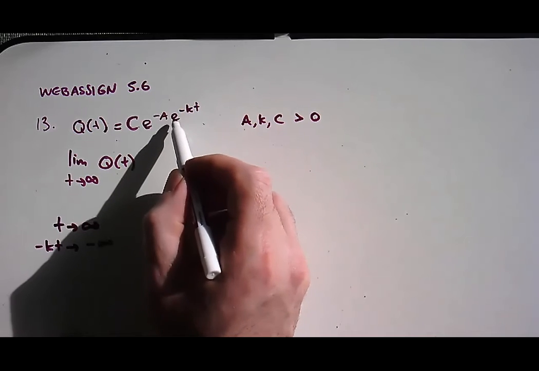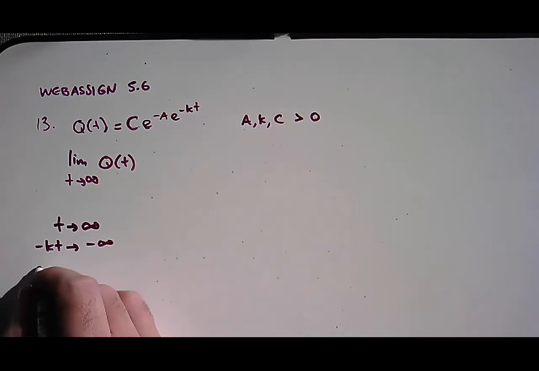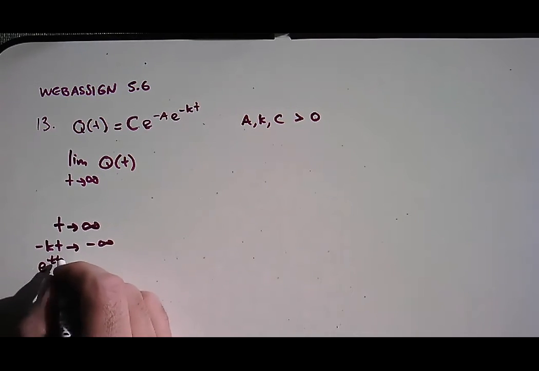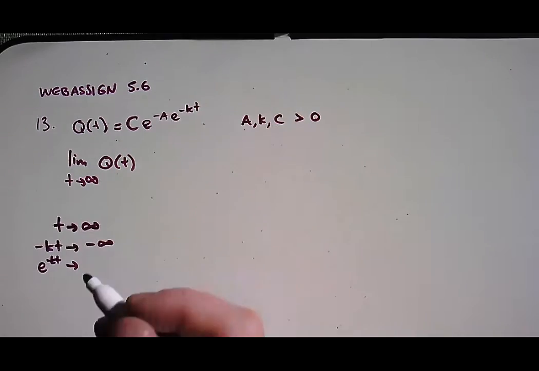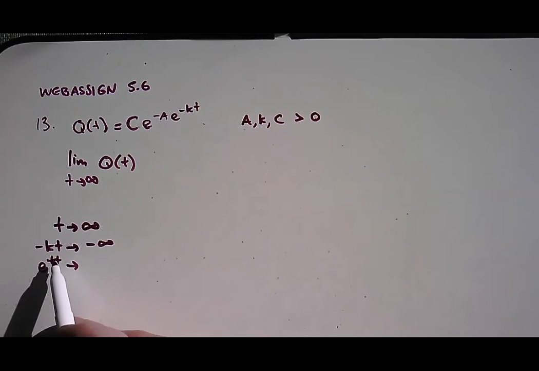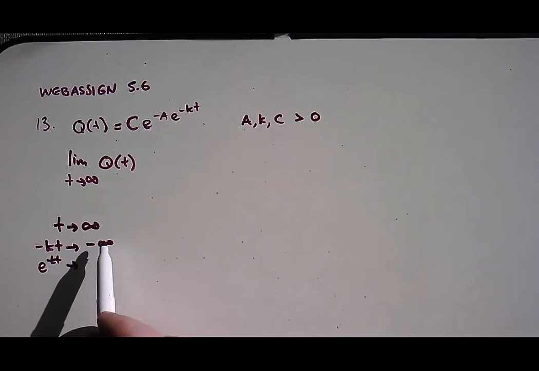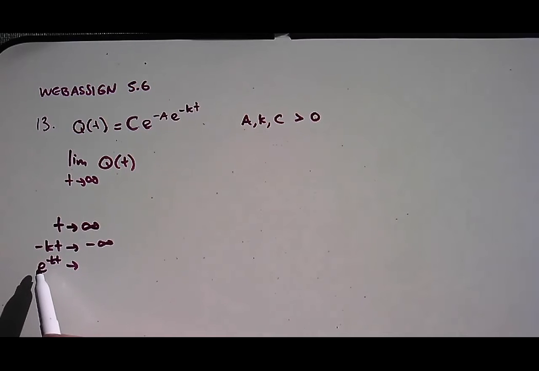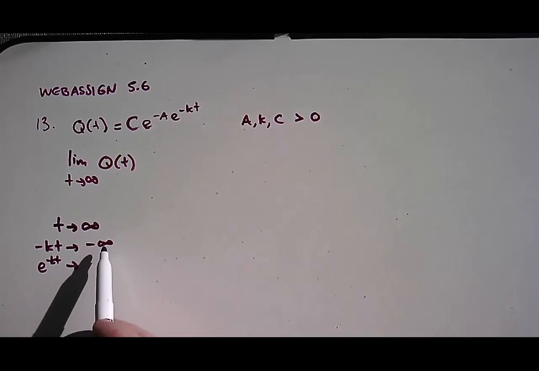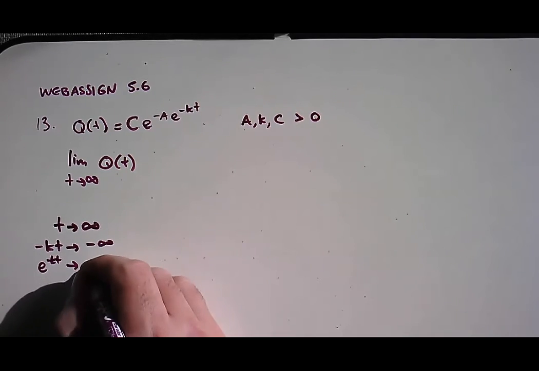Next, we'll go to e to the negative kt. I'm just building outward here from our variable t. So e to the negative kt, remember negative kt is headed to negative infinity. So what happens to e to some power as that power approaches negative infinity? Well, e to a power approaching negative infinity is 0.